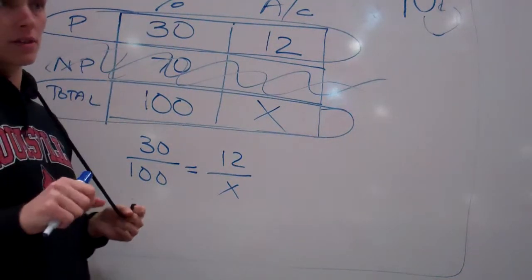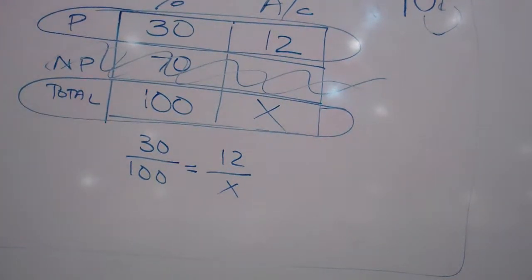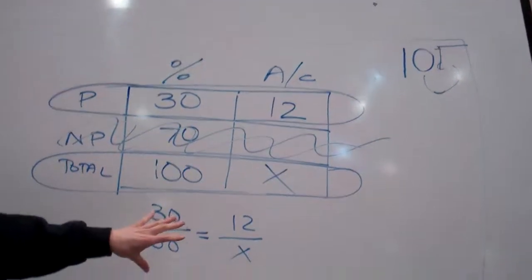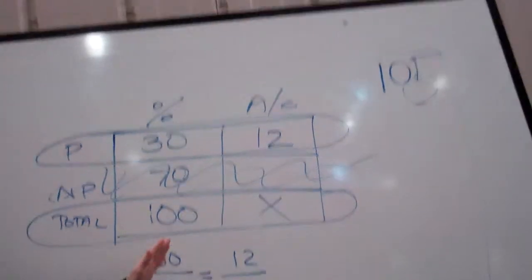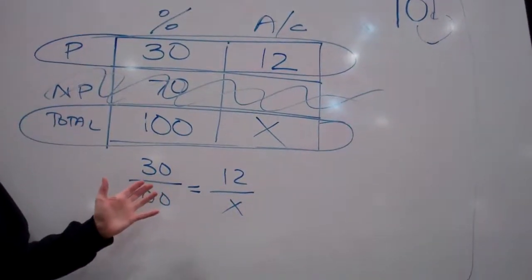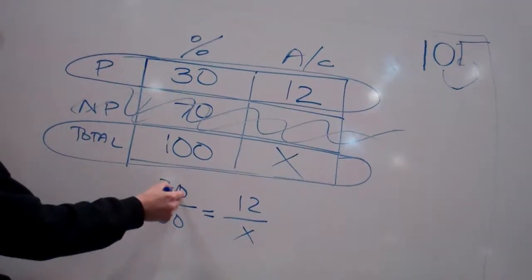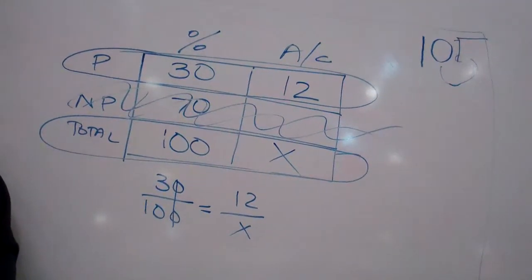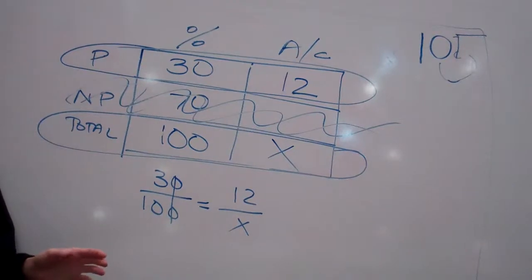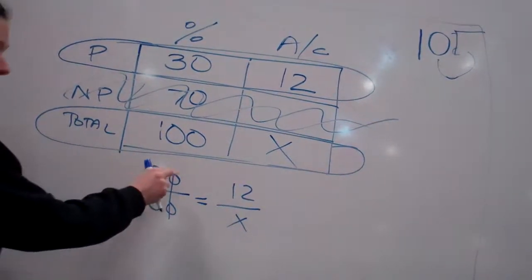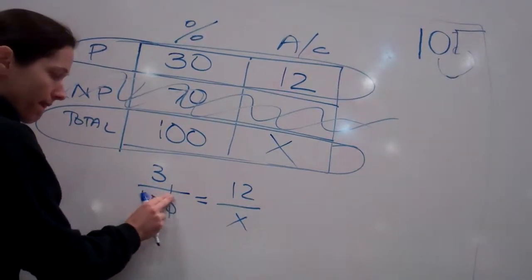You could cross out the zeros. So it would actually make it easier to do this beforehand. Does everybody see that you can go on and reduce this to make it easier? Did y'all catch that? I can reduce this by dividing that by 10. So I'm going to go on and do that.